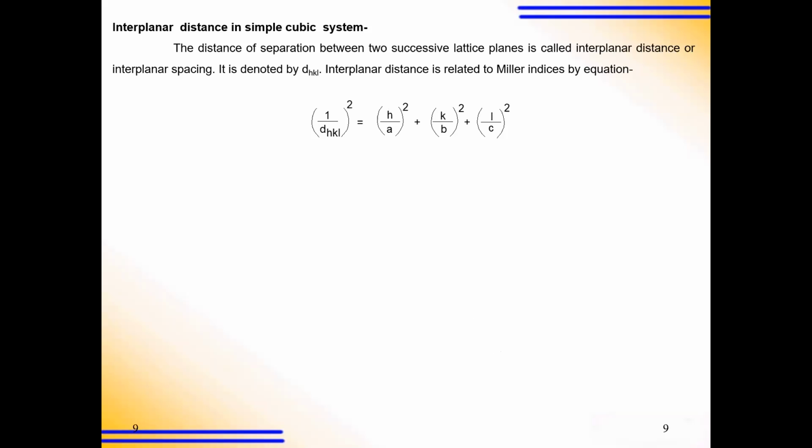So the distance between these two adjacent lattice planes of the same type is called the spacing, or the interplanar distance.